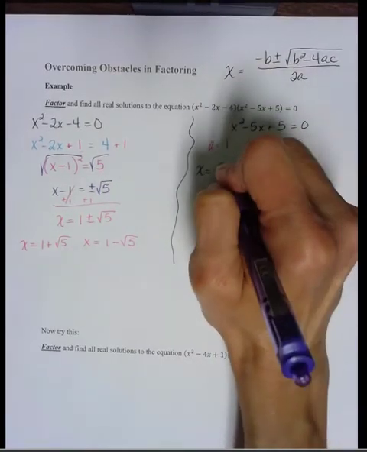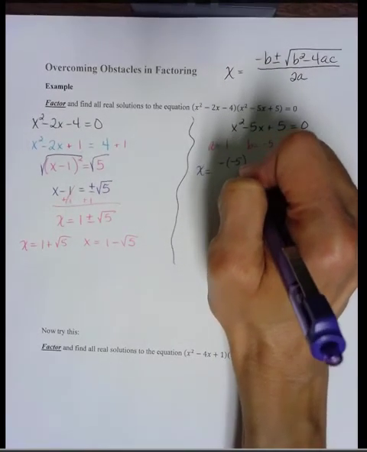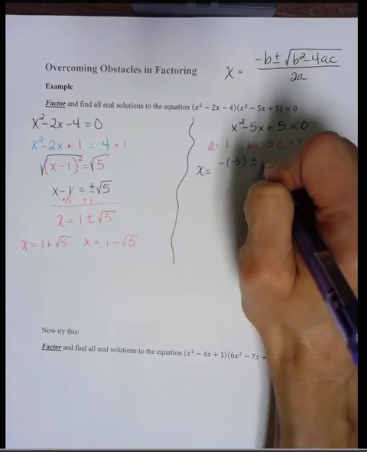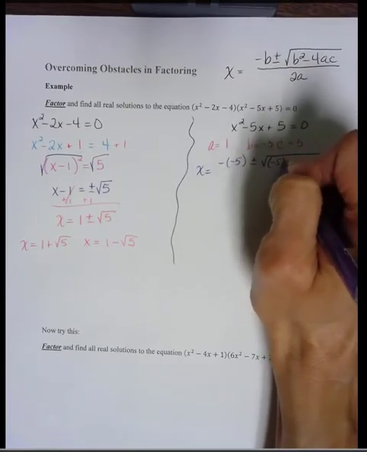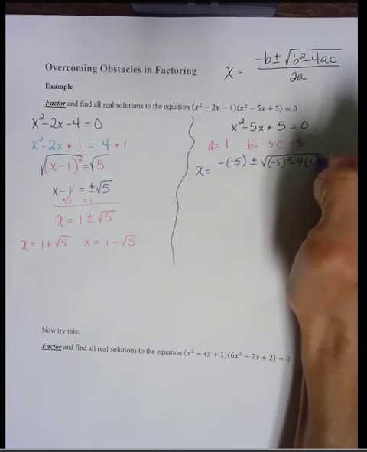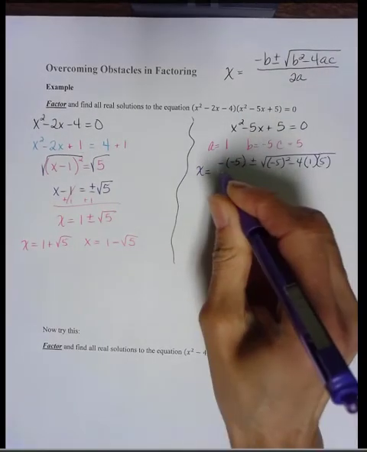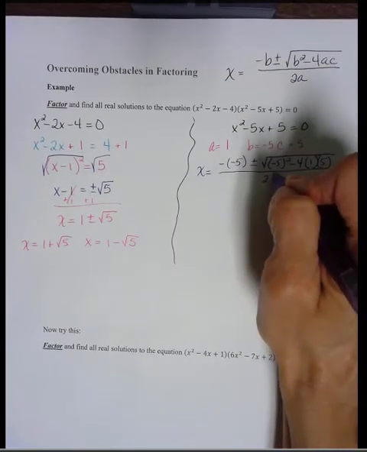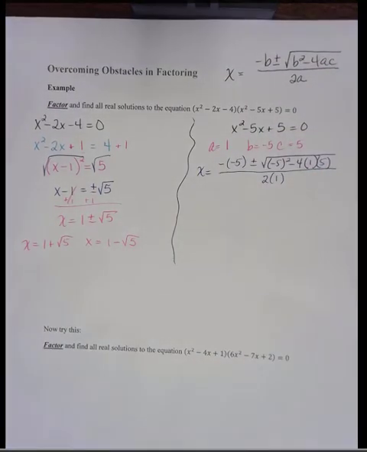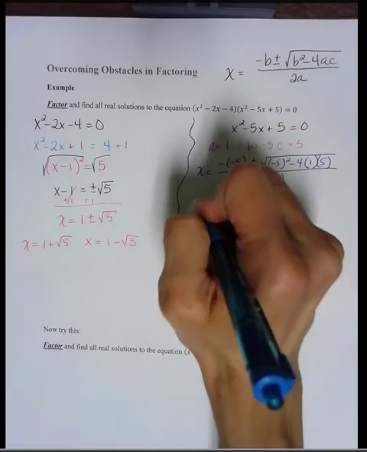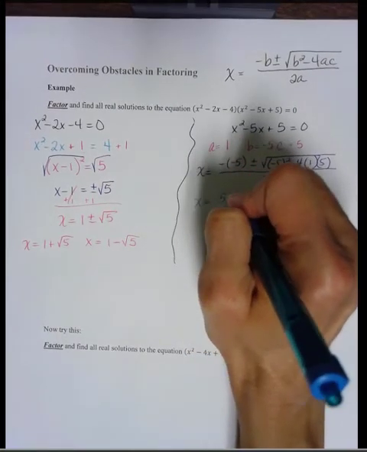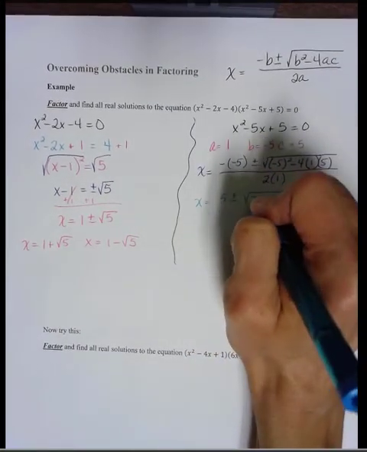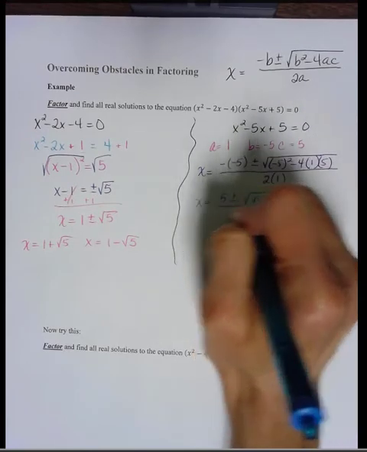So x equals negative of -5, plus or minus the square root of b squared minus 4 times a times c, all over 2a. Now we said so far, if you get a negative under the radical, then something went wrong. After a couple of weeks, once we discussed complex numbers, then that might not be the case. Okay, so now we have x equals 5 plus or minus the square root of 25 minus 20 all over 2.